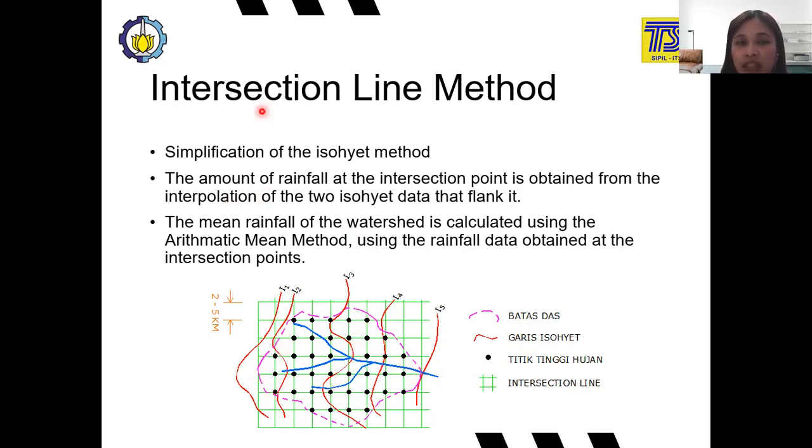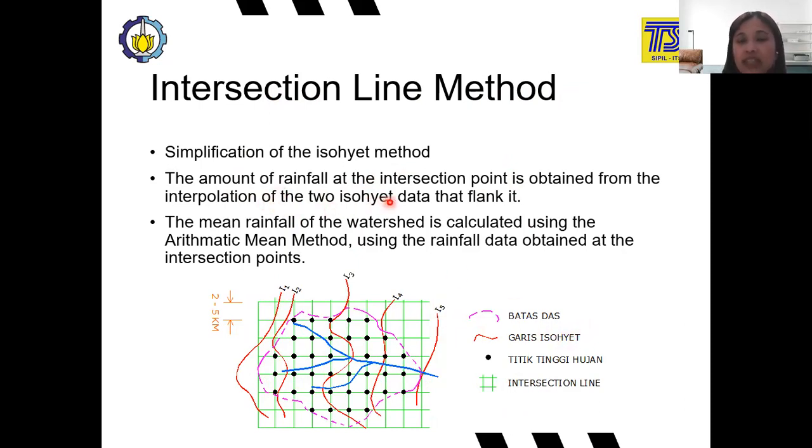So this one is the isolated method with intersection line. Here the green one is the intersection line, the red one is the isolated line.